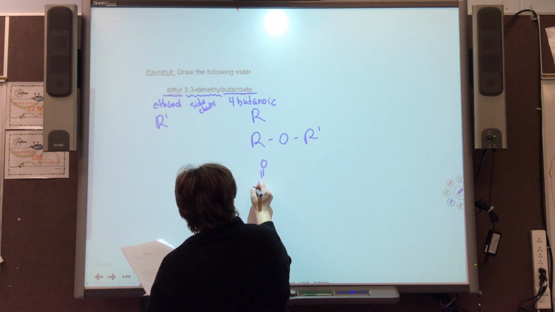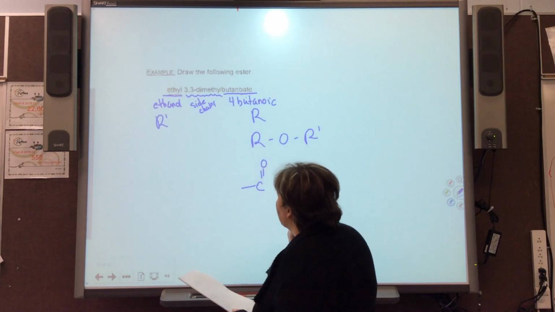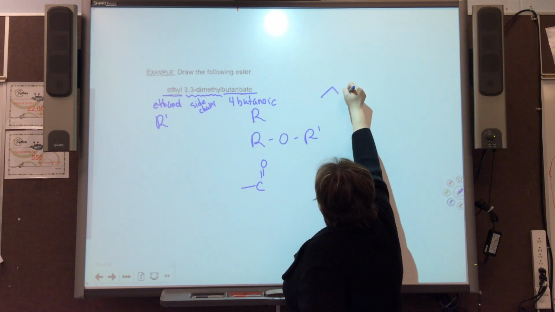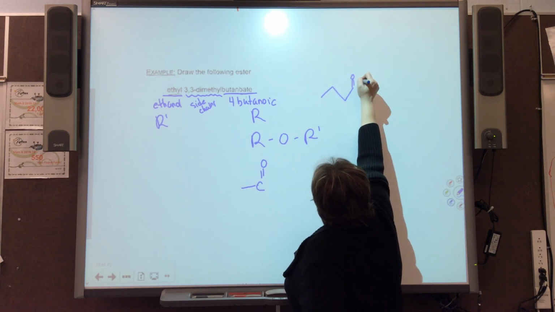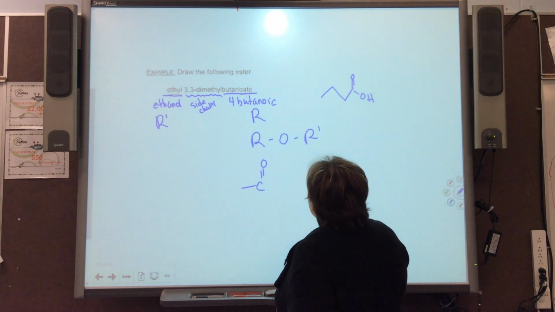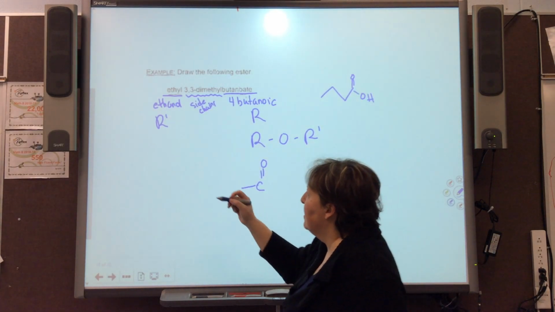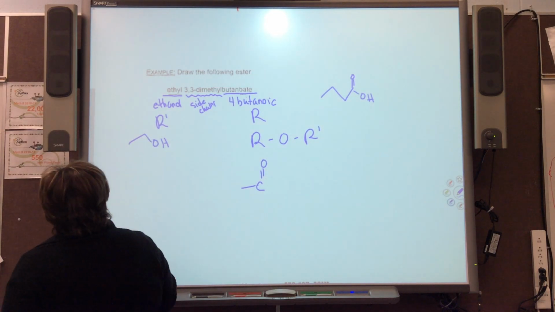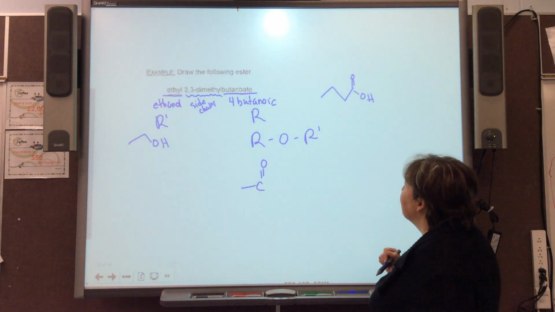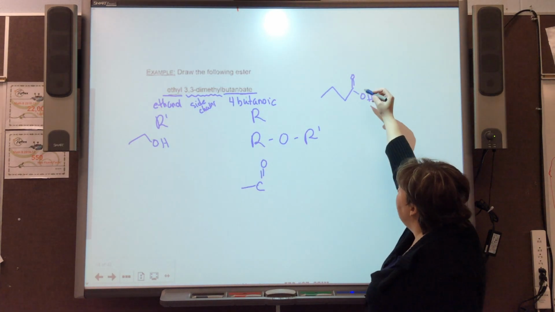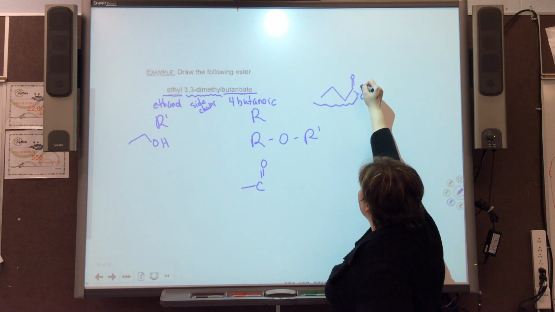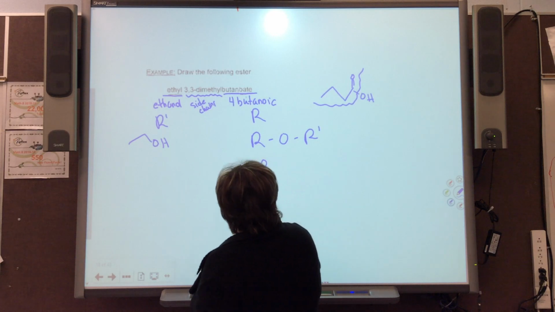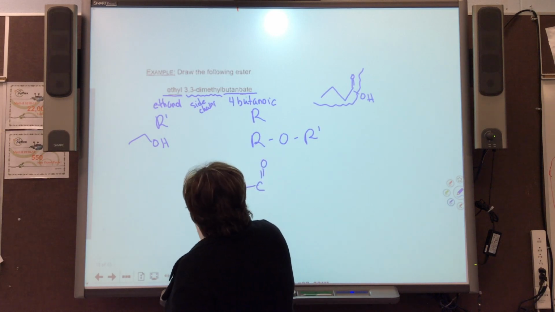Well, butanoic acid looks like this, right? 2, 3, 4, double bonded O, and there's our OH. That's what butanoic acid looks like. Ethanol looks like this. 1, 2. So this part here is our butanoic. So we have the double bonded O. 2, 3, 4.